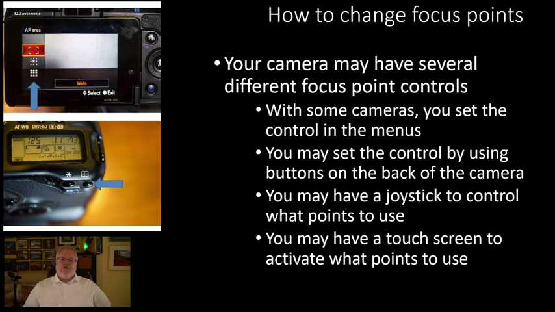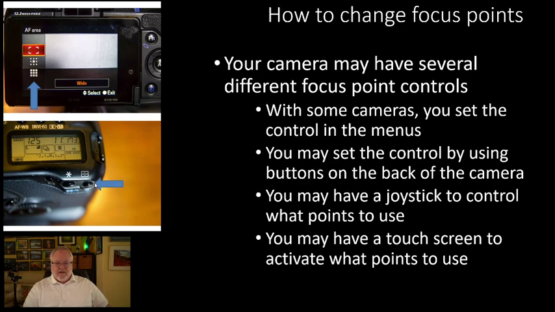So let's talk about how you change your autofocus points. Your camera may have several different ways to control your autofocus points. With some cameras, you set the control in the menu. You've got to go into the menu. So right here we have this top picture. We can see that you're in this menu and you're choosing, by going up and down, what focus area you're going to use.